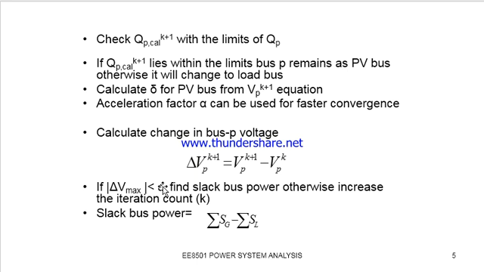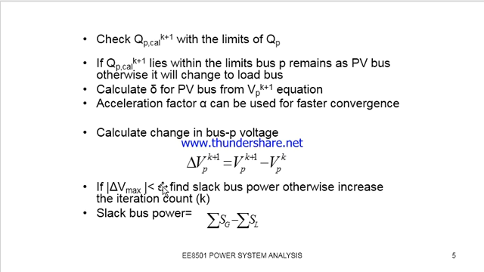Now, we have to check whether this calculated Qp k plus 1 is within limits of the given Qp value. If Qp calculated value k plus 1 lies within the limits of the bus p, then the bus p will remain as PV bus. Otherwise, it has to be changed into load bus.